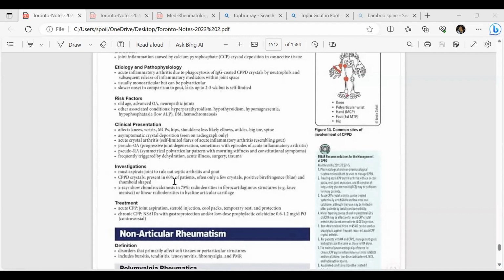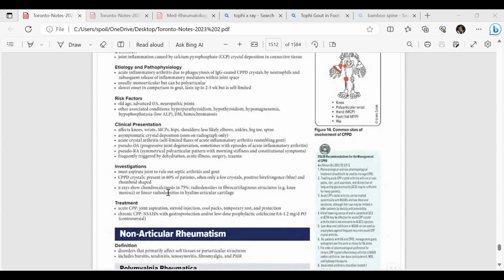Crystals are present in 60% of the patients, often only a few crystals, which are positive, blue and rhomboid shaped. X-rays show chondrocalcinosis in 75% of cases, radiodensities in fibrocartilaginous structures, that is knee menisci, or linear radiodensities in hyaline articular cartilage.